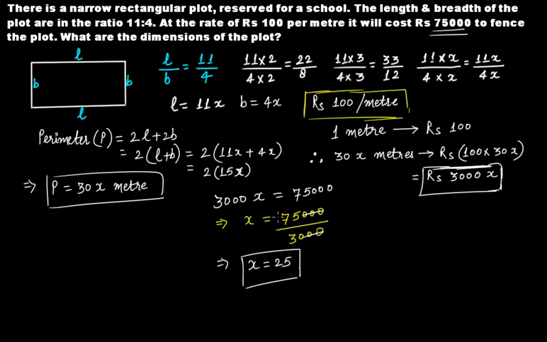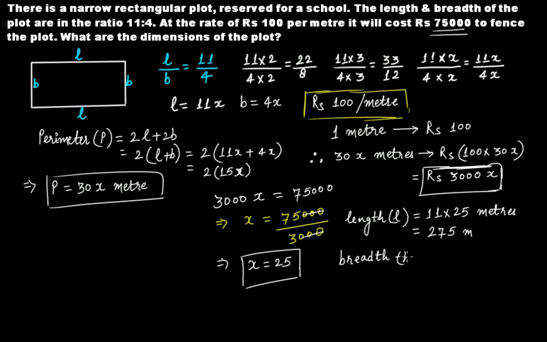It means that if you have to calculate the length now, the length is 11x, so 11 times 25 meters, right? If you calculate this, this comes as 275 meters. Then breadth comes as 4 times x meter, that is 4 times 25 meter.